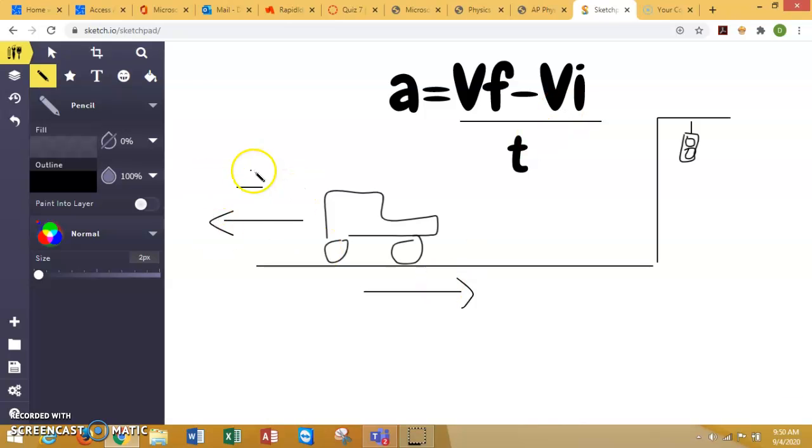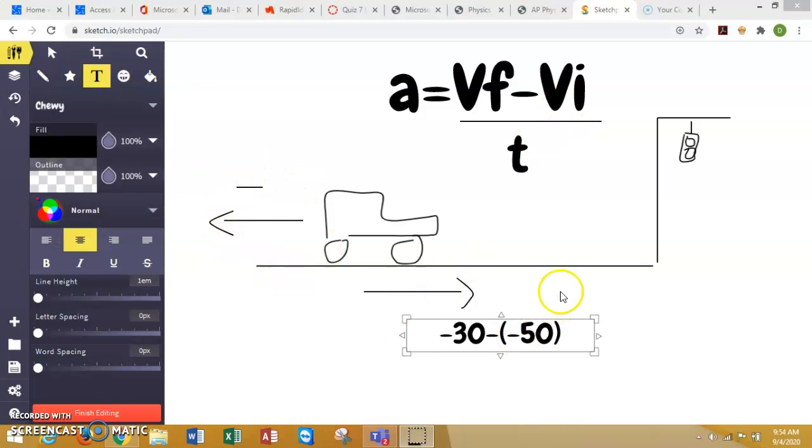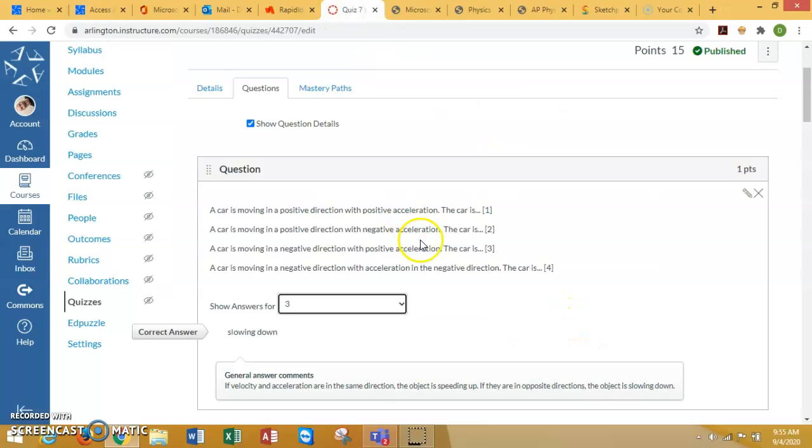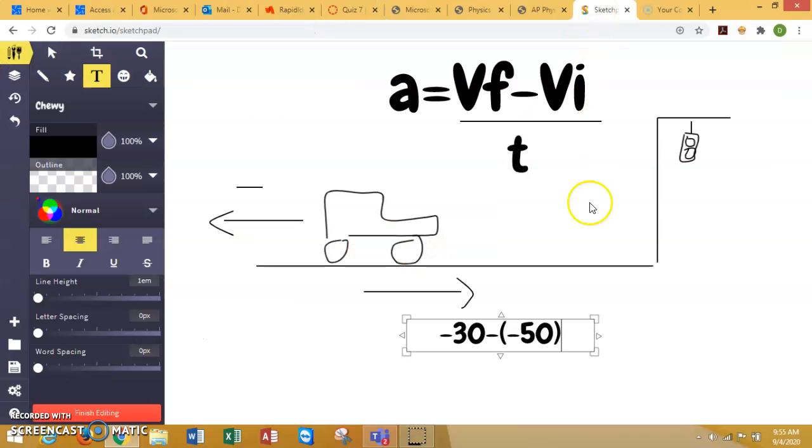What's moving in the negative direction, right? So what I forget is that velocity is a vector. If we're moving in the negative direction, then our velocities are going to be negative. Now, positive acceleration means we're going to get a positive a.